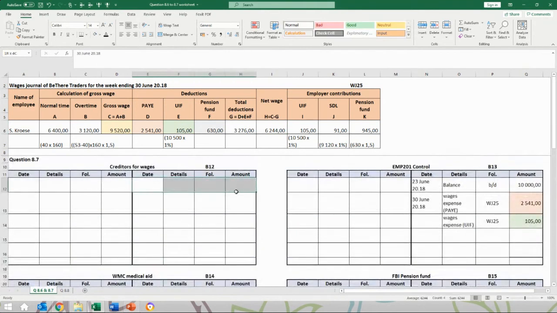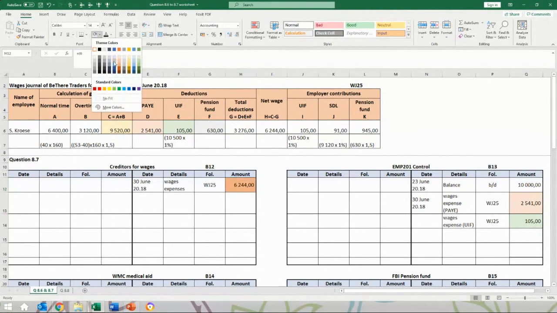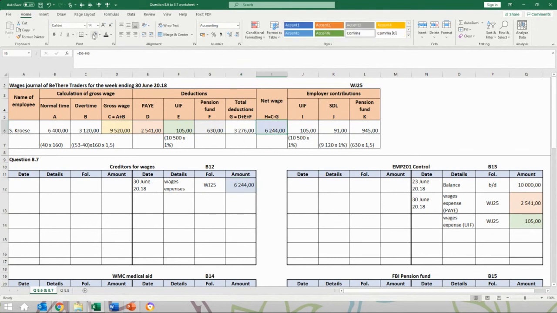Refilway, that's correct. We take it to creditors for wages. Okay, so we account for the creditors for wages. That's 6,244. Let's make this light blue. Goes there. Okay, so we're almost done.